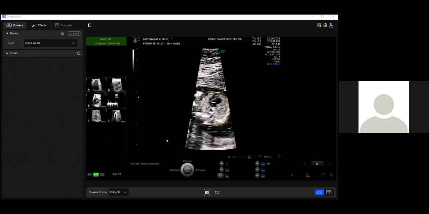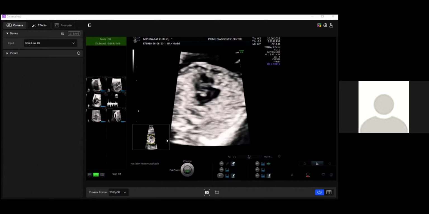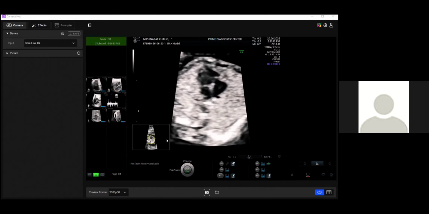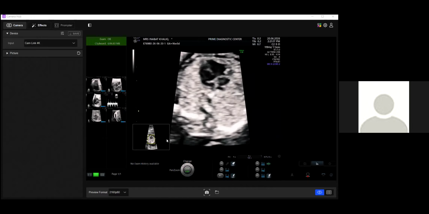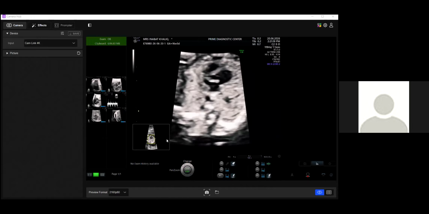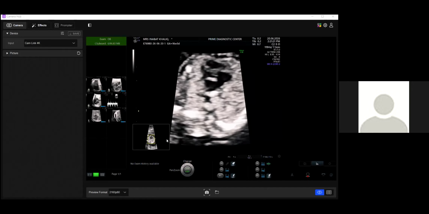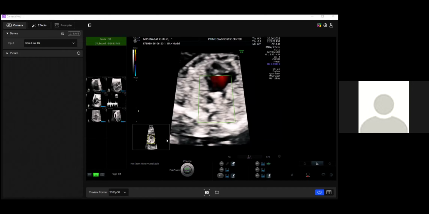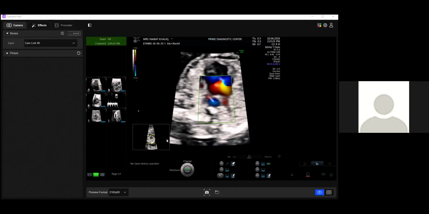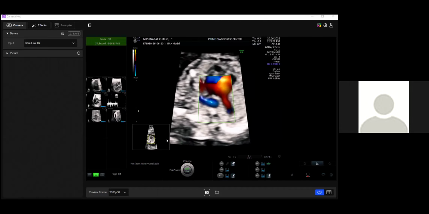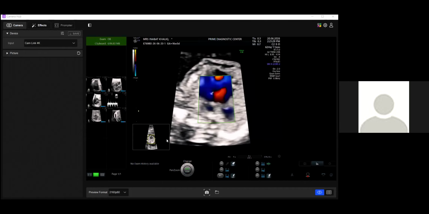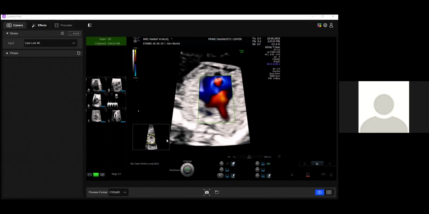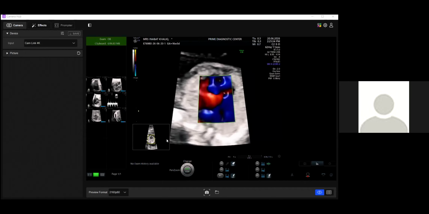As the fetus is small, we'll focus on the maximum zoom. Then you see the pulmonary veins. The distance is not increased, so that is all normal. You reduce your filters, and then you see the nice pulmonary veins even in 16 weeks.